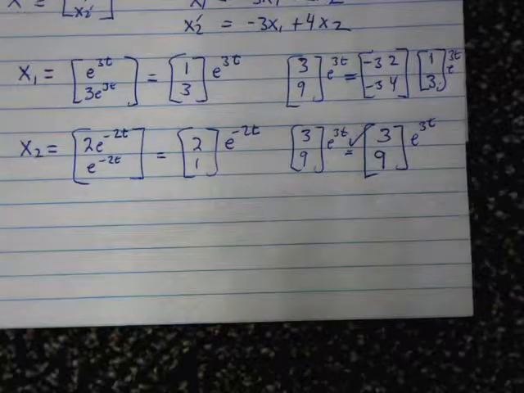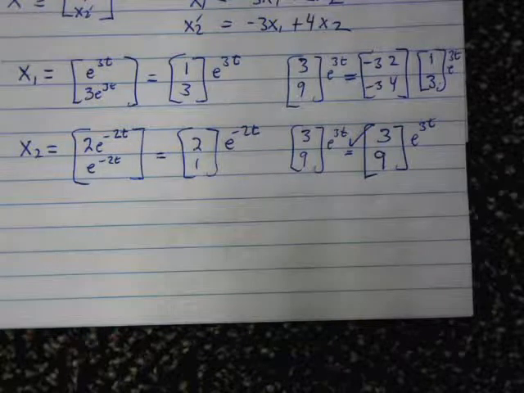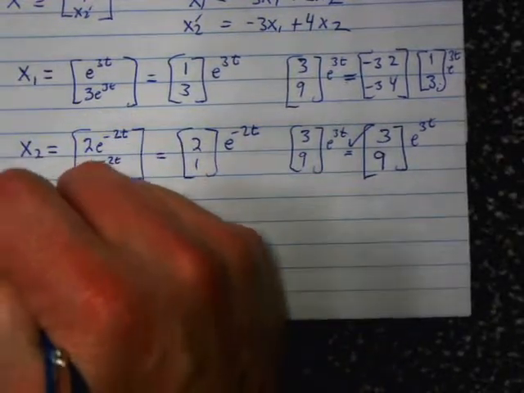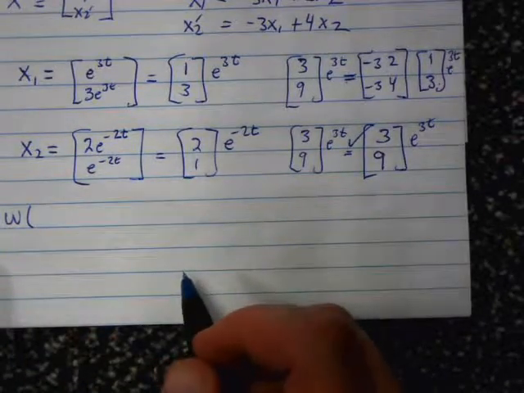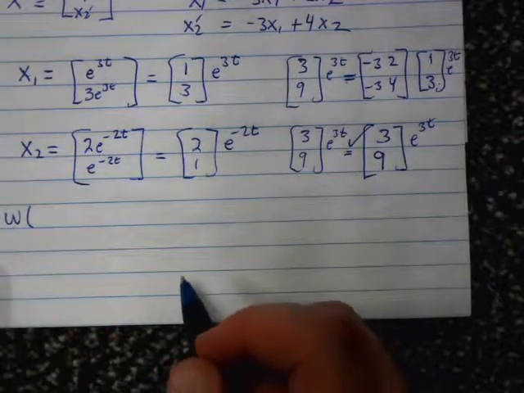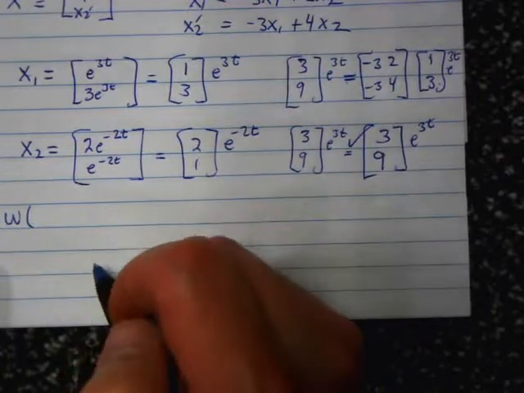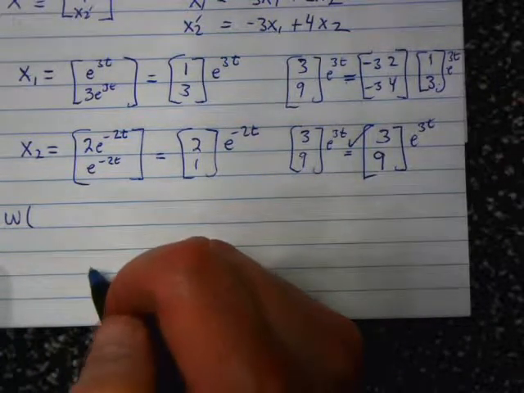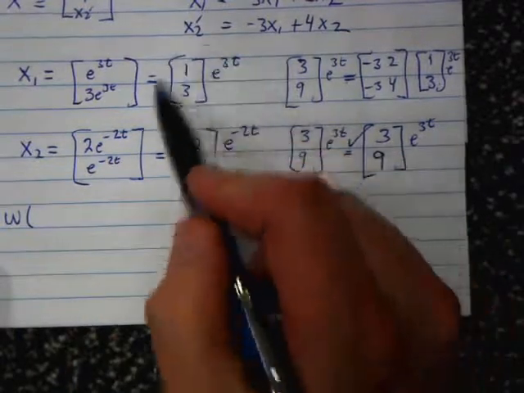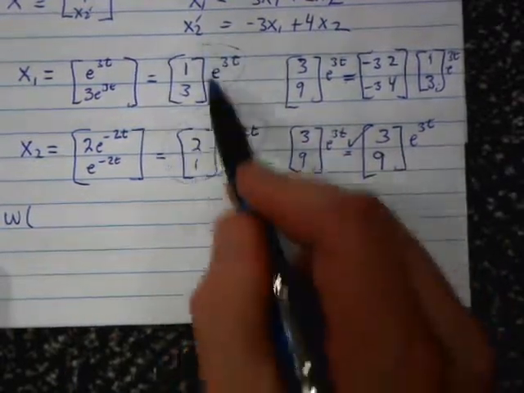Okay, now, how do I prove that these two things are linearly independent? I got to create the Wronskian. So what's the Wronskian for these two solutions? I need these, and I need the e's.